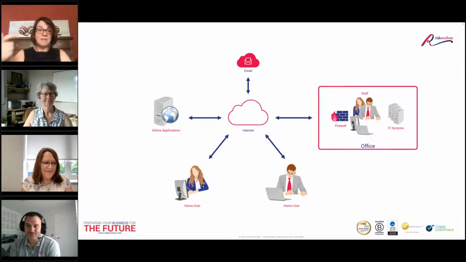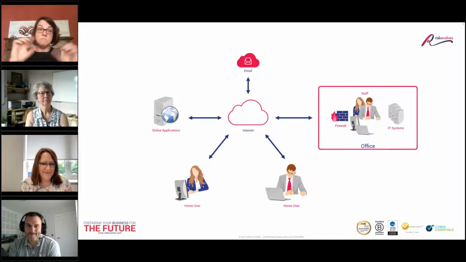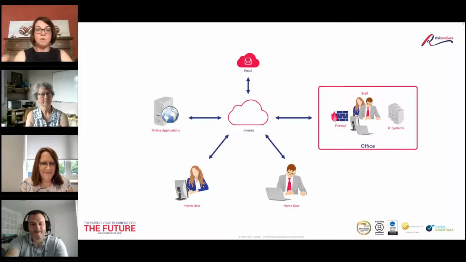And then on top of that, I'm going to use a jargon word and explain it. So in order to protect your castle, your office environment from all of that, you have your firewall, but then you also have something called a virtual private network, which is a VPN. And that is how you create a secure tunnel of connectivity between your home users and the applications in your office environment.